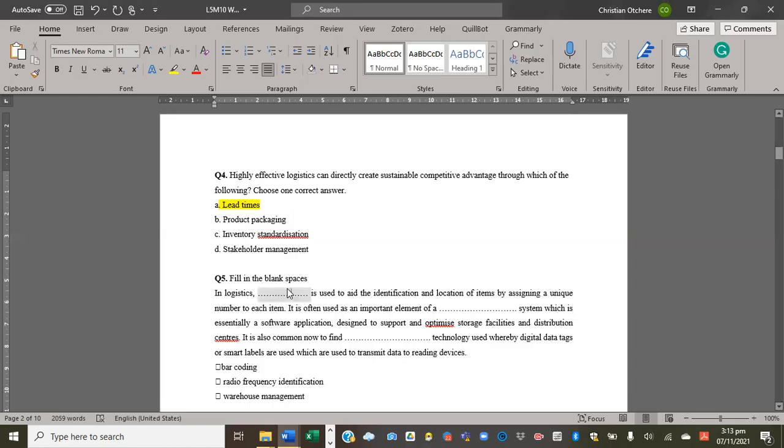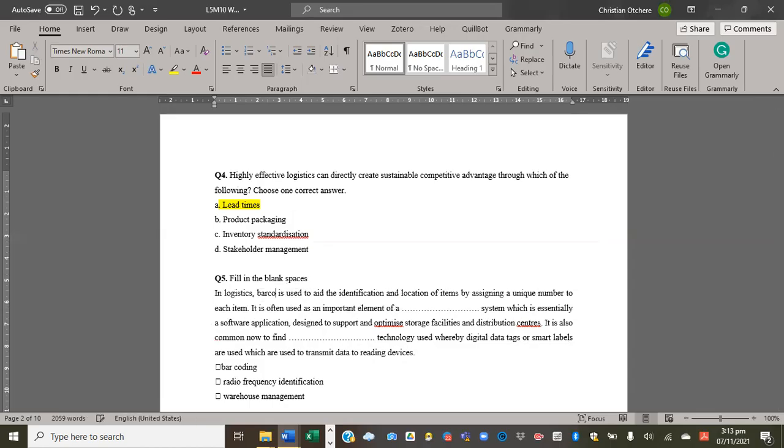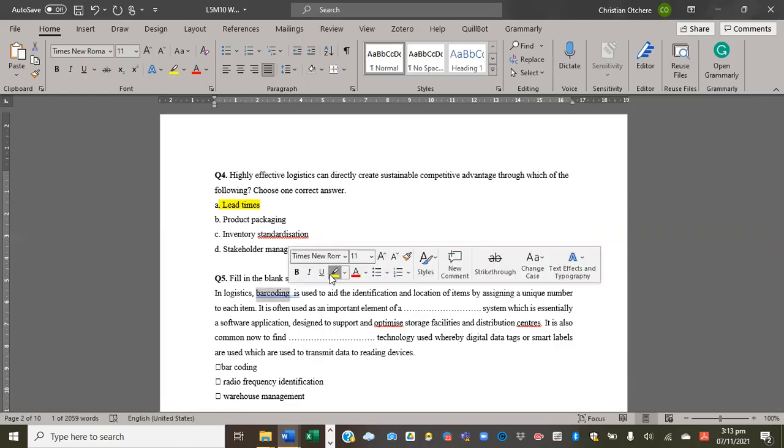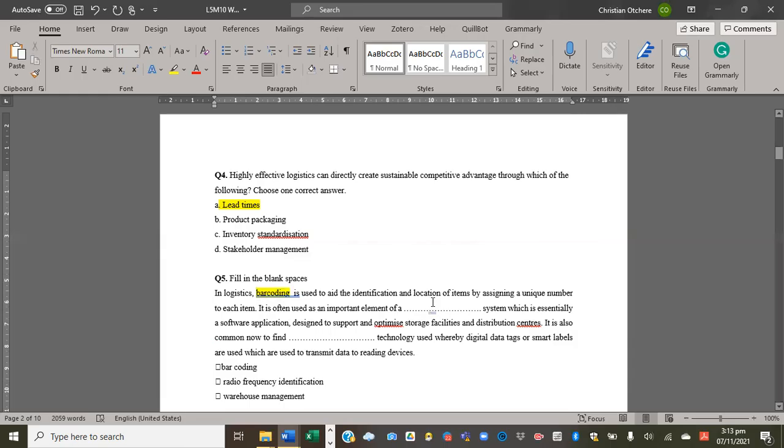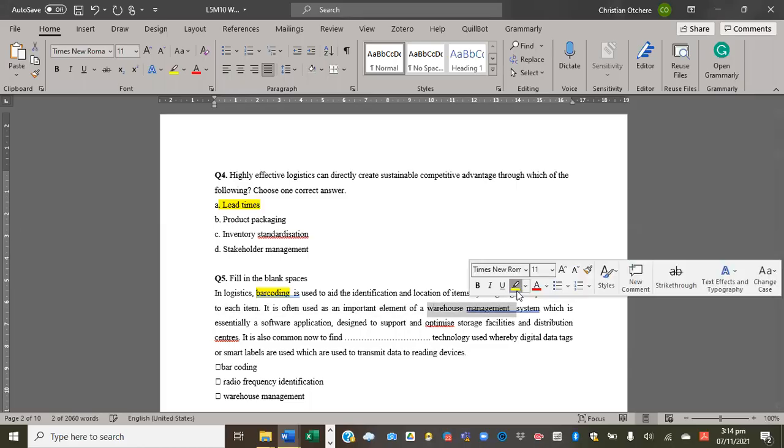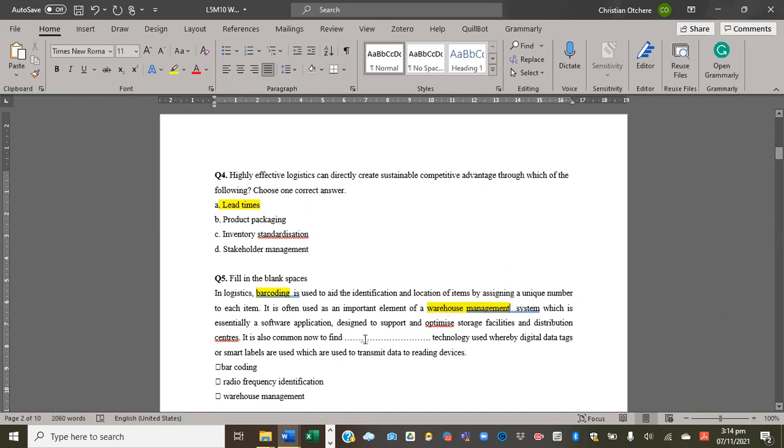Perfect. So barcoding, then warehouse management system, and radio frequency identification.